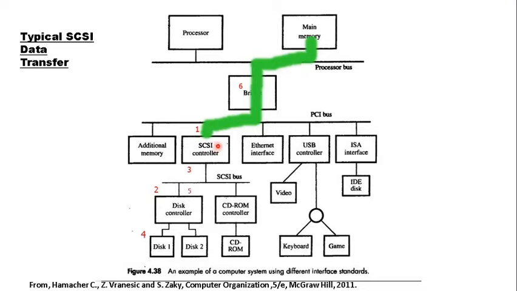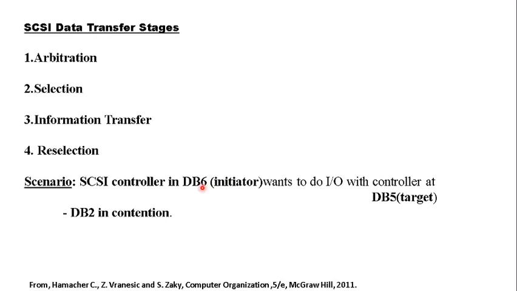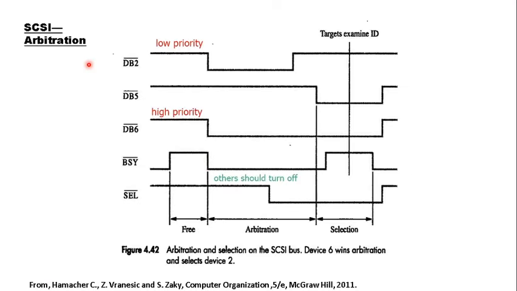Our intended communication is between DB6 and DB5, with DB6 as initiator and DB5 as our target, and DB2 is coming into competition for the bus. We will see how they resolve that through the arbitration stage. Before going through this timing diagram, remember that the active state of almost all the pins in SCSI is low. Whenever you see a signal as low, it means that the signal is asserted.